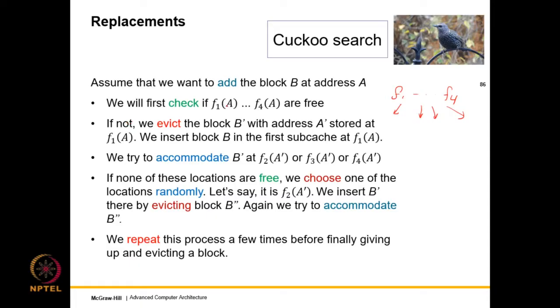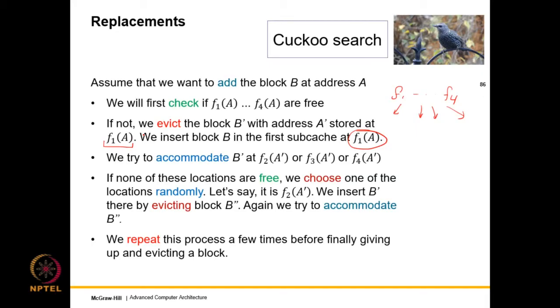So while inserting an entry, if any of these entries is free, then we insert the block over there. But let's assume the worst case, that none of these entries are free. So we evict the block B' with address A' that is, let's say, stored at F1(A). Then we insert the block B in the first subcache at F1(A). Now, since B and B' had a conflict miss in subcache 1, they will not have conflict misses in the other subcaches.